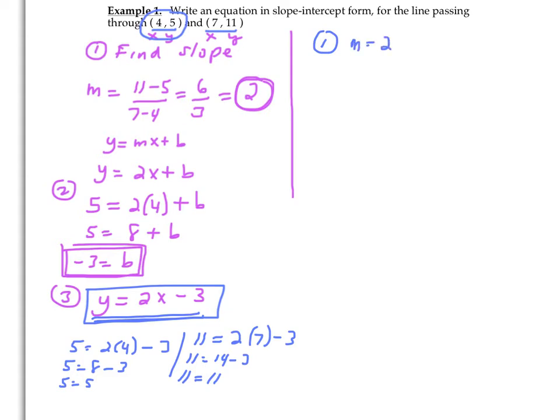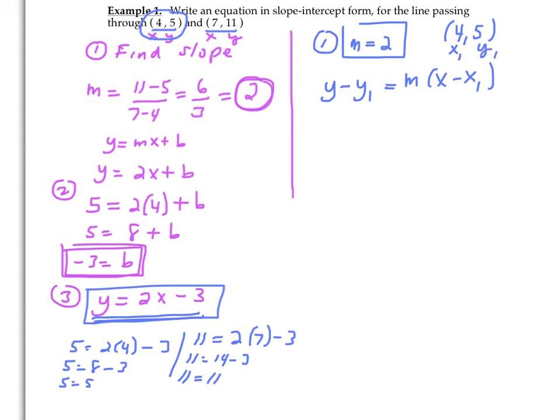Okay, now there is another method. We're going to again find the slope, which we already did, so we know that the slope between those 2 points is positive 2. In this method we're going to be using point-slope form, which is y minus y1 equals m times x minus x1.